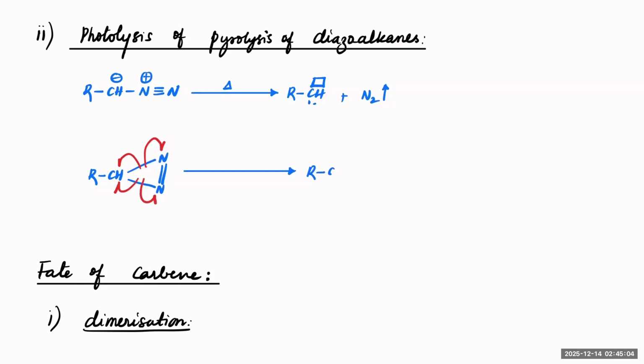That's how you'll get RCH, with an empty orbital and one lone pair, plus N2 gas. So this is the carbene which you will get. This is called a diazide, and it gives a carbene intermediate.